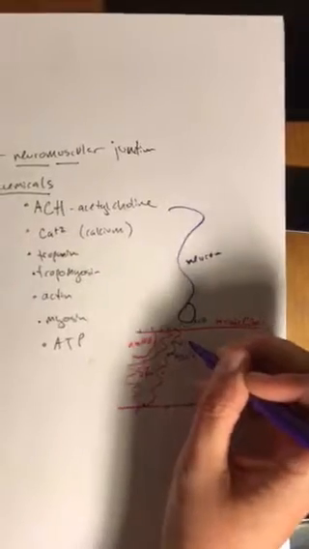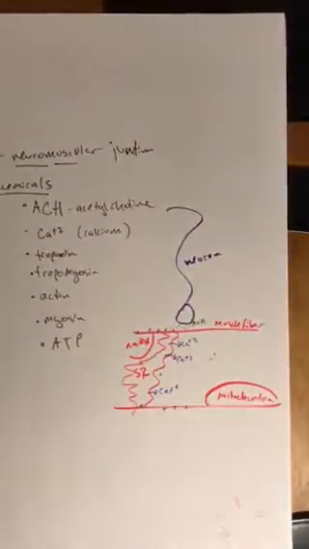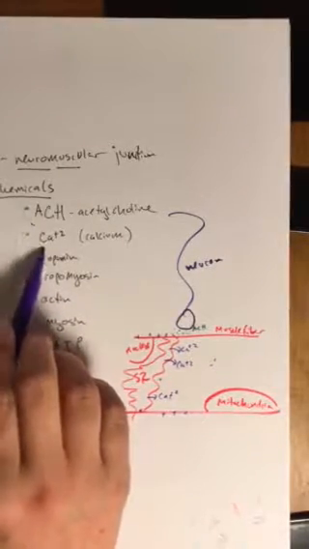The SR releases a whole bunch of calcium, so calcium floods the muscle itself. That's where our second chemical comes in. So ACH causes the muscle to start releasing calcium. That's awesome. But then what happens?